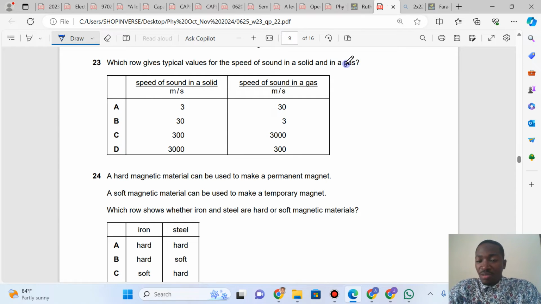That's why sound travels slowly, because it takes meaningful time for the particles to move to the point of colliding with each other to transmit the wave. So the speed of sound is highest in solid and lowest in gas. That makes option D the correct answer to question number 23.